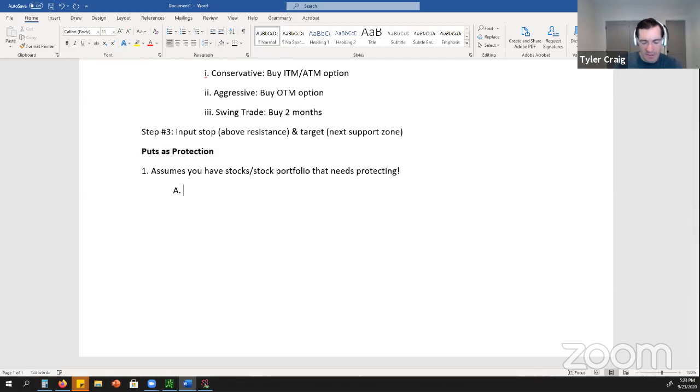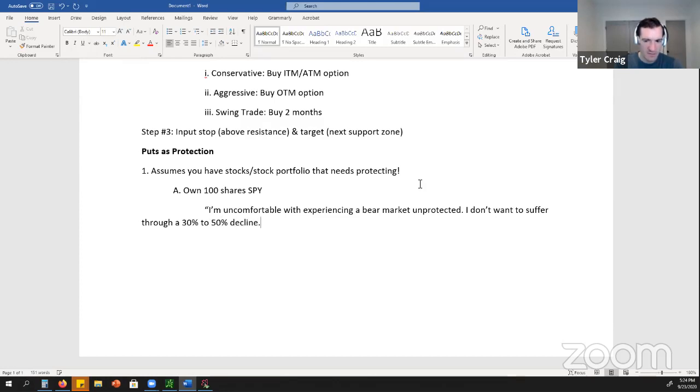So maybe I own 100 shares of the S&P 500, and I say, I'm uncomfortable with experiencing a bear market unprotected. I don't want to suffer through a 30% to 50% decline. So I'm going to buy a put option, and we're going to call it a protective put.